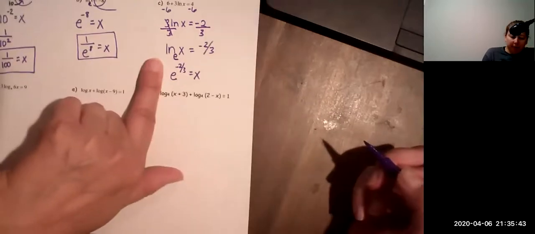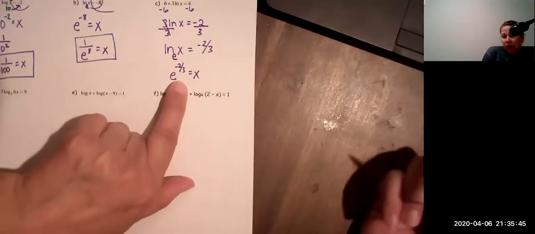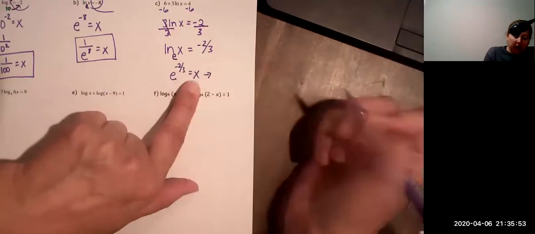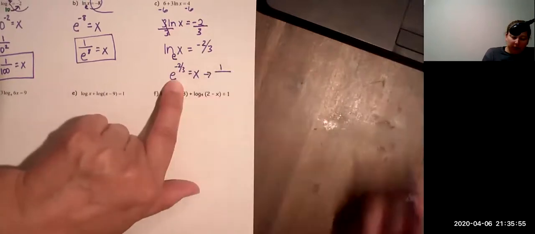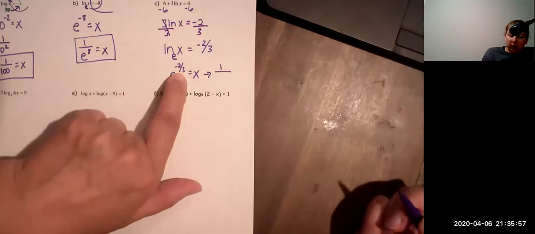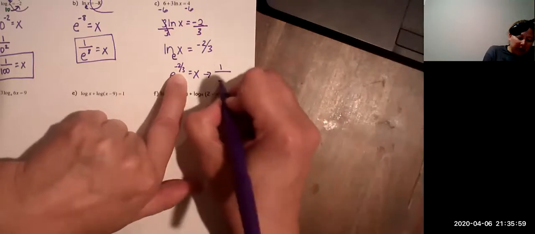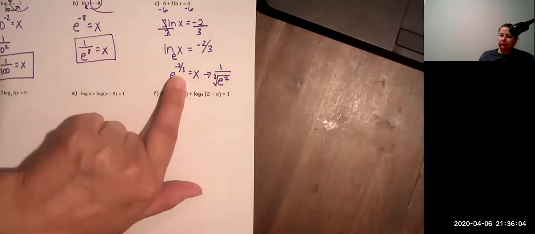All right. This answer is technically correct, but we don't like to leave negatives in there, and we don't really like to leave fraction exponents. Remember, negative exponent, this problem right here, is going to turn into 1 over e to the 2/3. Instead of writing e to the 2/3, I can do that.